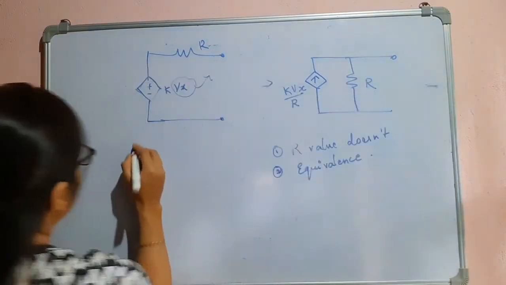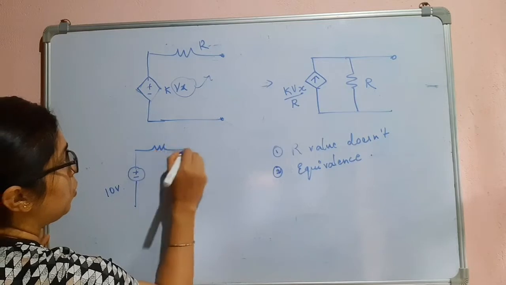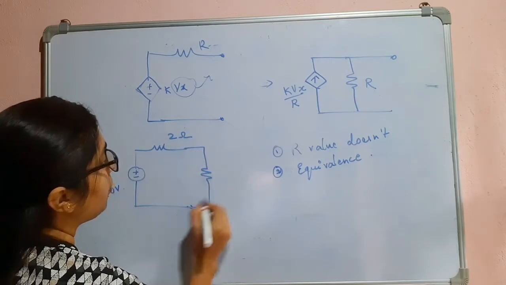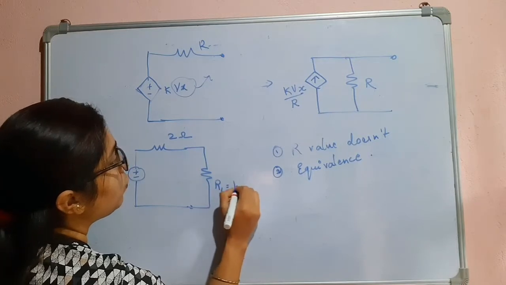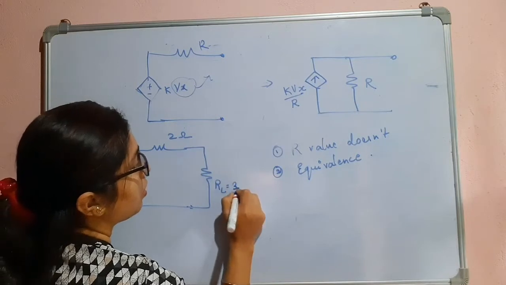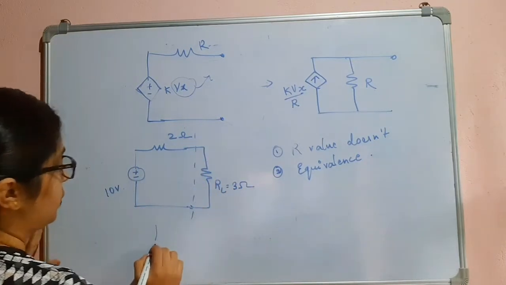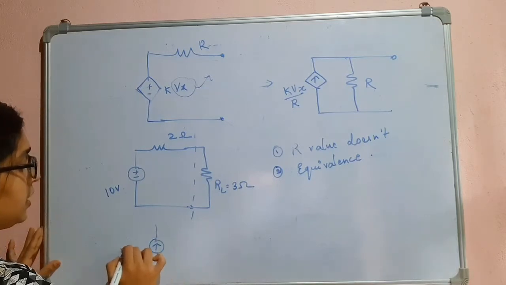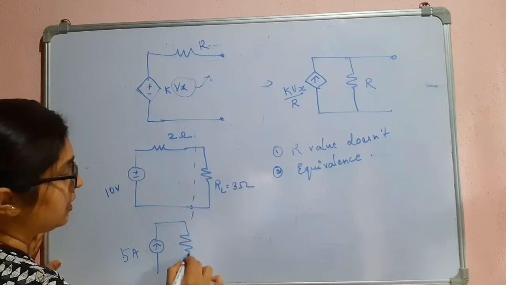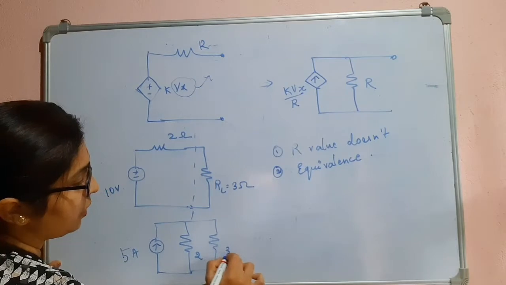For example, if I consider 10 volts, 2 ohm, and a load resistor RL equal to 1 ohm, or let me consider it as 3 ohms. Now I will convert this to a current source. This is 10 divided by 2, 5 ampere, and here we get the same resistance in parallel, and here we have the 3 ohm load resistor.